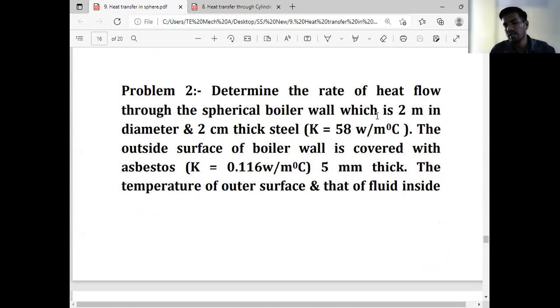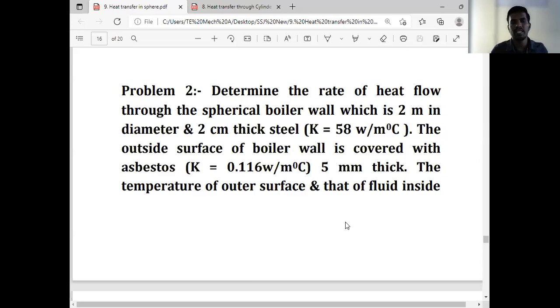Determine the rate of heat flow through the spherical boiler wall, which is 2 meter in diameter and 2 centimeter thick steel.